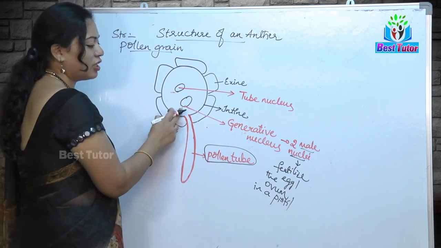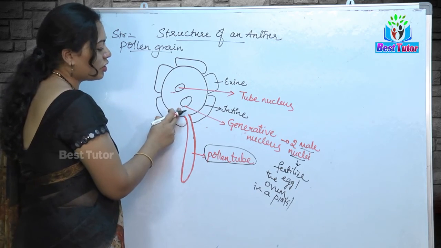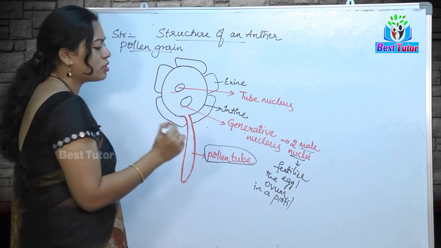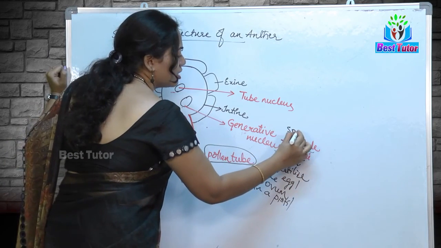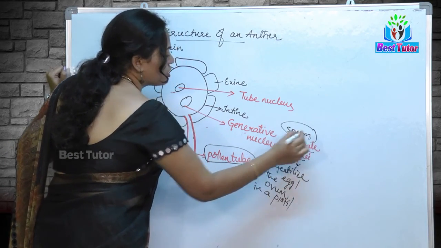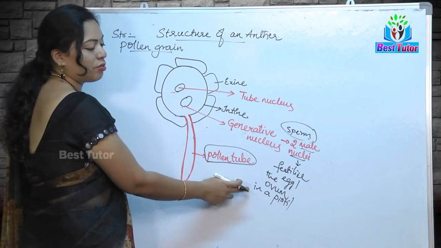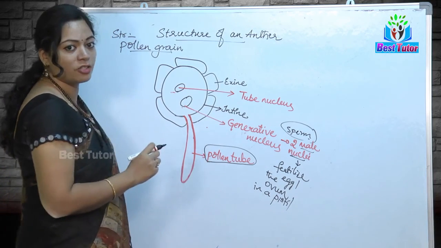Then next we have the generative nucleus. This generative nucleus is the one which is going to form the actual two male nuclei. We also call them sperm nuclei, which are going to fuse with the egg or ovum in the gynoecium of a flower during the fertilization process.